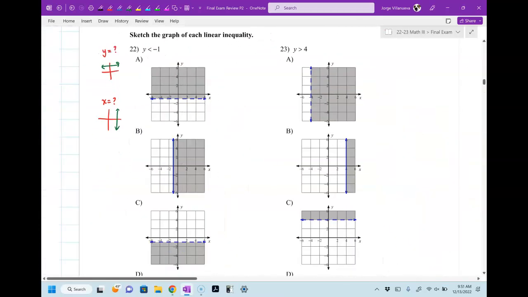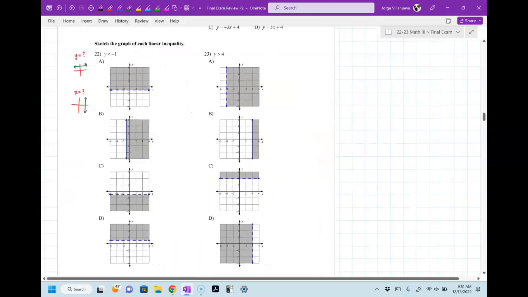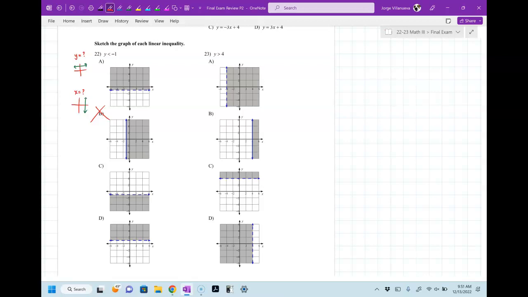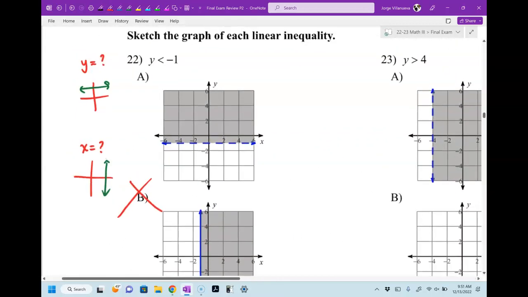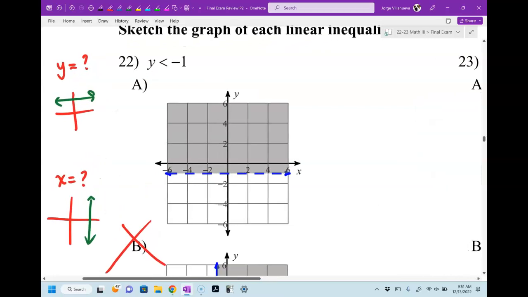I'm going to zoom out really quick. From all four options, B doesn't make sense because that one's vertical. They have to be flat. Now once I got rid of B, I'm going to go back and look at my problem. It says y is less than -1. So we need a line that is at -1 that's flat.